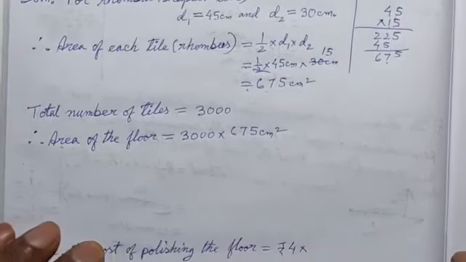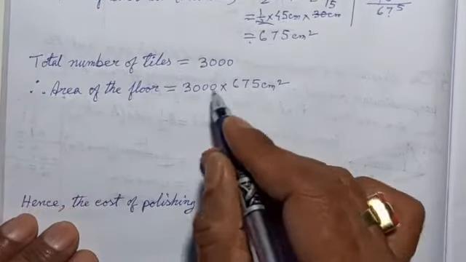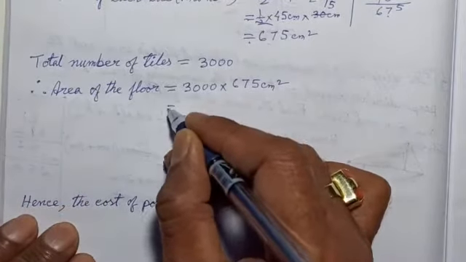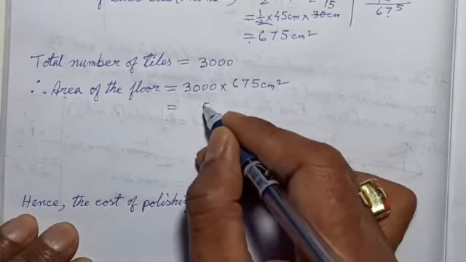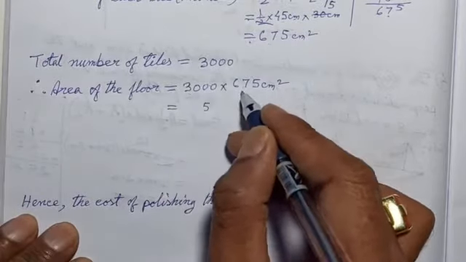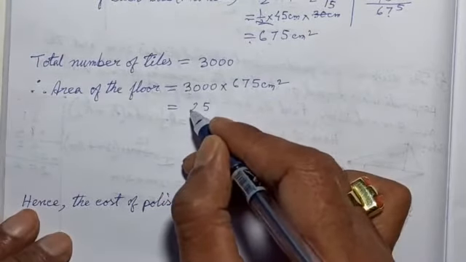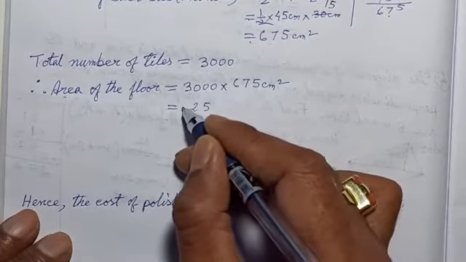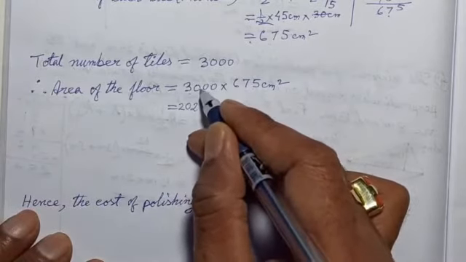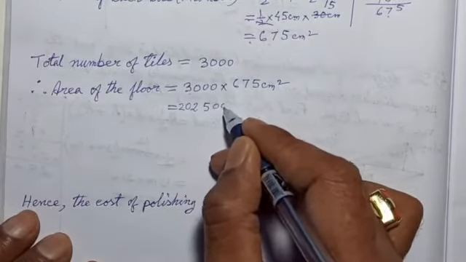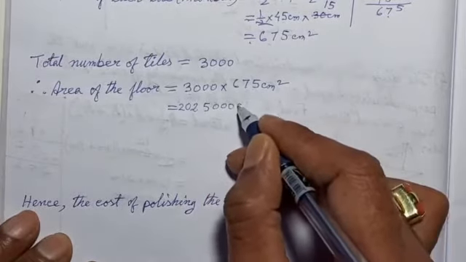Now let us multiply. 3 fives are 15, 1 carry. 3 sevens are 21, 22, 2 carry. 3 sixes are 18, 19, 20. Then 1, 2, 3, three zeros, so 2025000 centimeter square.